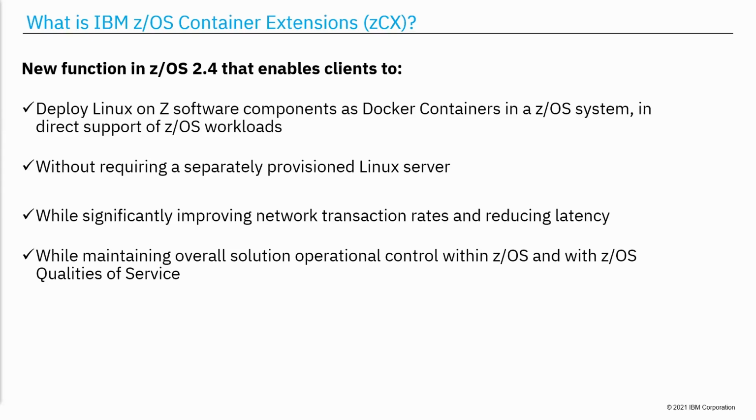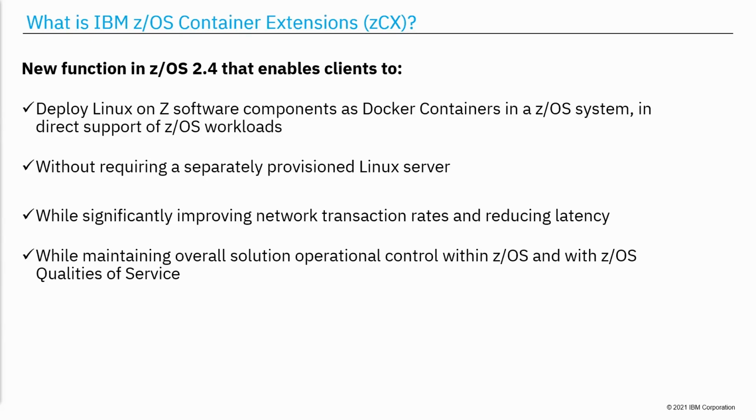The other big benefit of running on zCX is you maintain the overall operational control of your Linux app within the zOS framework. So if I have an application that is leveraging zOS, maybe because zOS is the system of record and it needs to get the data that's over there, you have a system of engagement, which maybe is on Linux, and a system of record, which is on zOS.